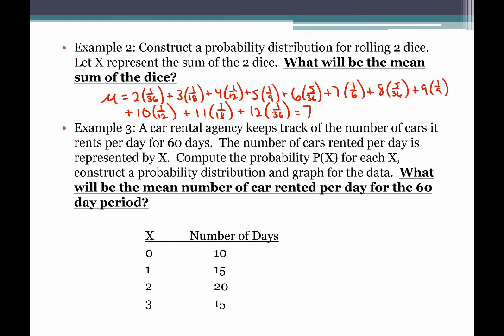Okay. Let's go ahead and do the same thing for example 3. We had our car rented per day for a 60-day period. And we actually don't need to really redo our distribution much. We've got our numbers there. So go ahead, if you need to refer back to your example 3 from yesterday, you can.